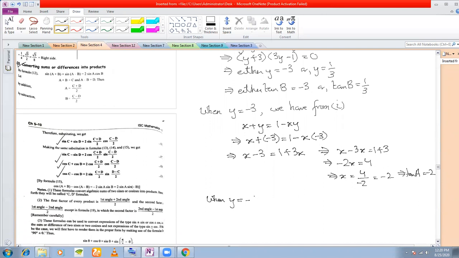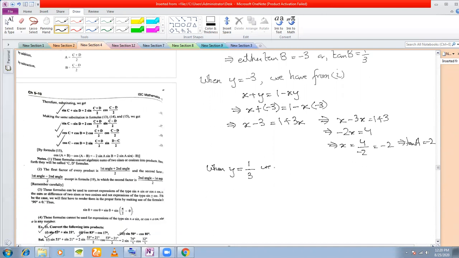And we'll consider the second case when y is equal to 1/3. Again, we have from 1, x plus y is equal to 1 minus x into y. And this is a simple equation. We'll solve. x plus 1/3 is equal to 1 minus x by 3.